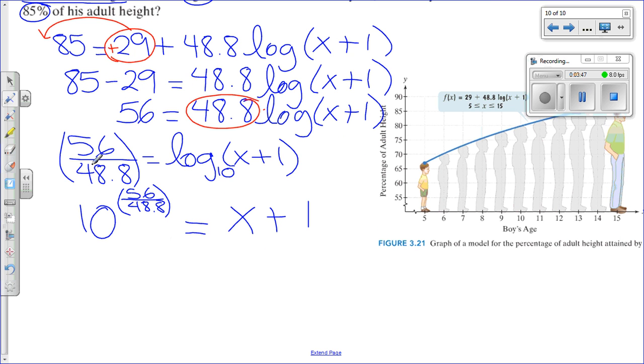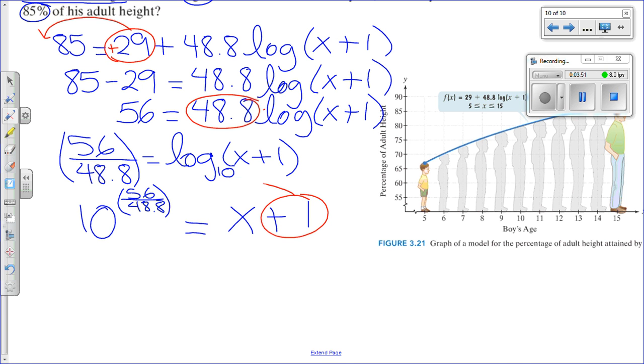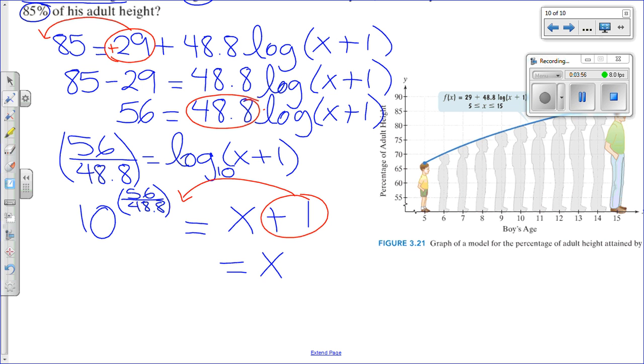Now, to solve this, we need to take care of that plus 1. It is adding to the x. So if we take that across, it will be subtracting. So we will have 10 to the power 56 over 48.8 minus 1. And of course, that is going to give you an approximation.